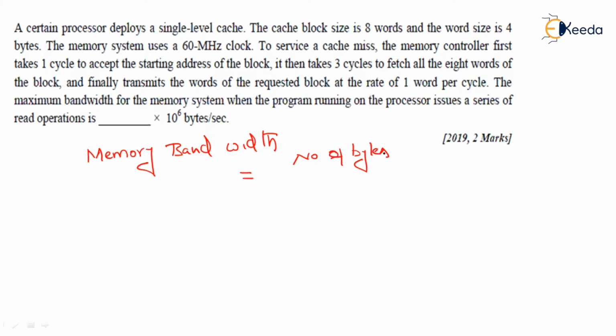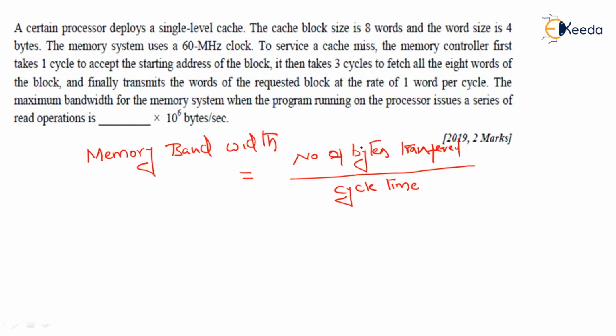Number of bytes transferred divided by cycle time. This is the rule. So we need to find out what is the total number of bytes that are transferred.